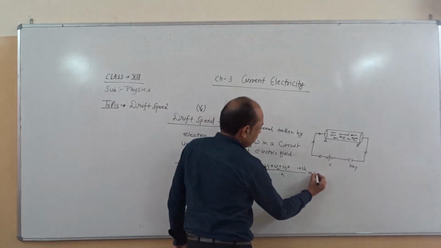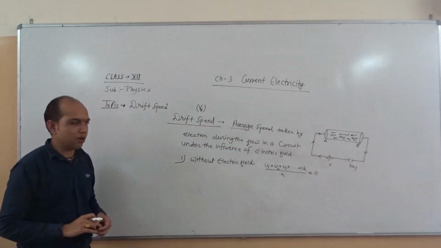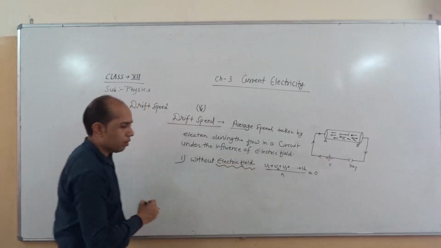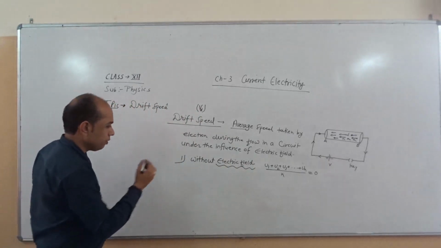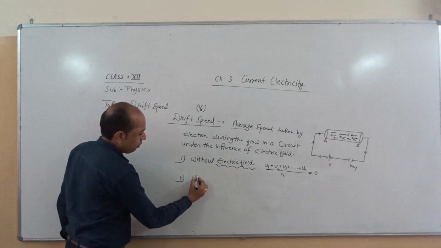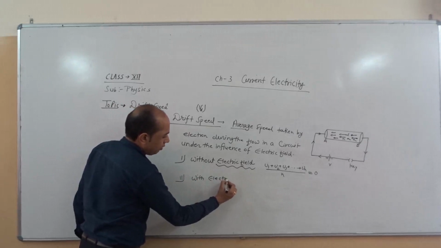So this is 0. So average speed of electron is 0 without electric field, because of random motion. Second, in presence of electric field, that means with electric field.